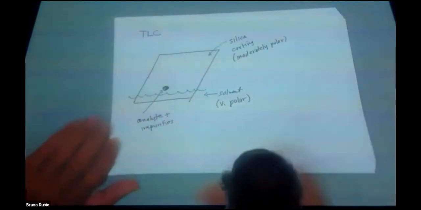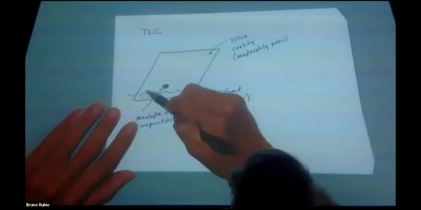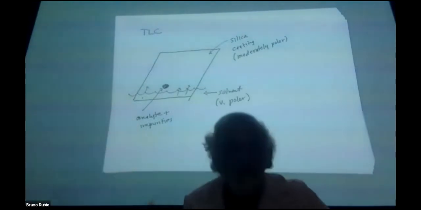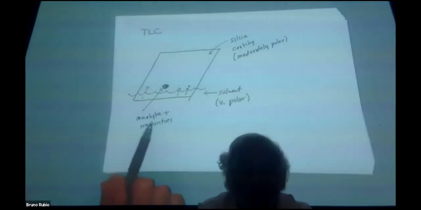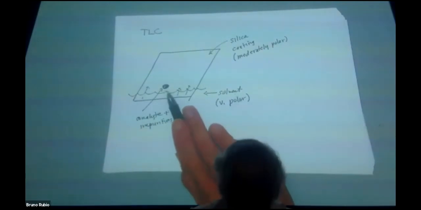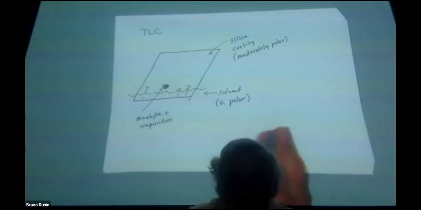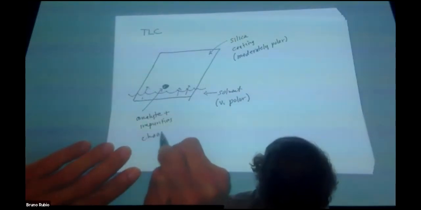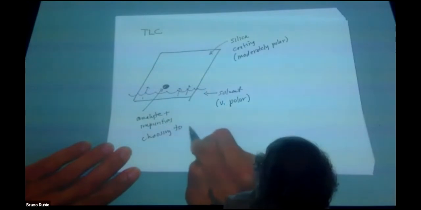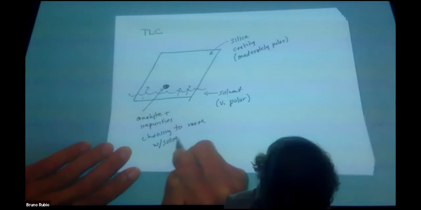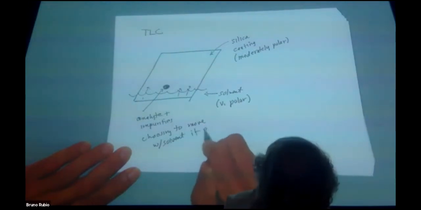And now what is allowed to happen is the solvent is allowed to move up this plate, and depending on what the analyte is and depending on what the solvent is, the components of this spot, the analyte or the impurities, are choosing to move with the solvent if they are polar, right?